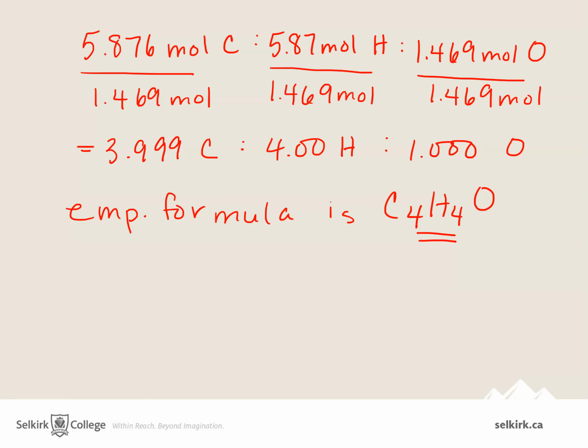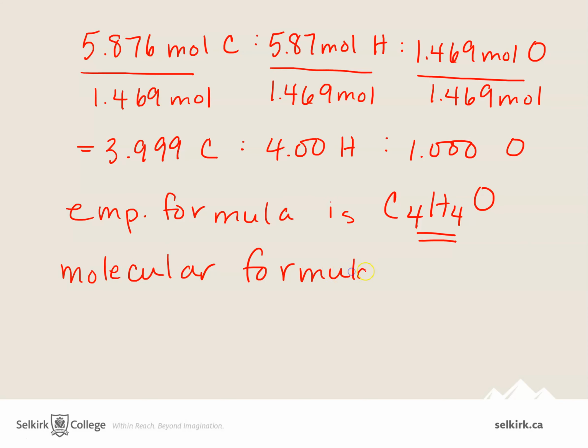That doesn't tell me what the molecular formula is. When I chose to divide through my ratio by the smallest number, I might have scaled it down too far. I got the ratio in lowest terms, but the molecular formula could be a multiple of that.